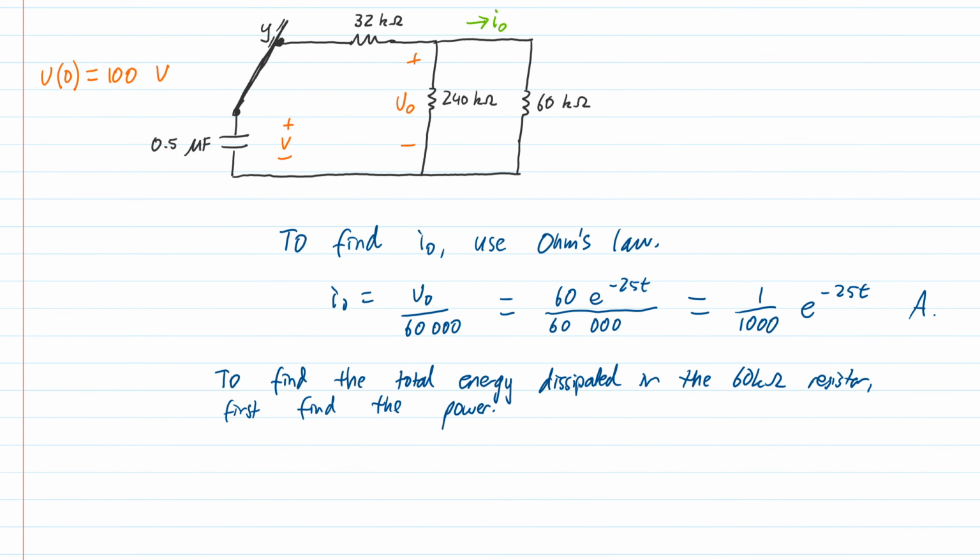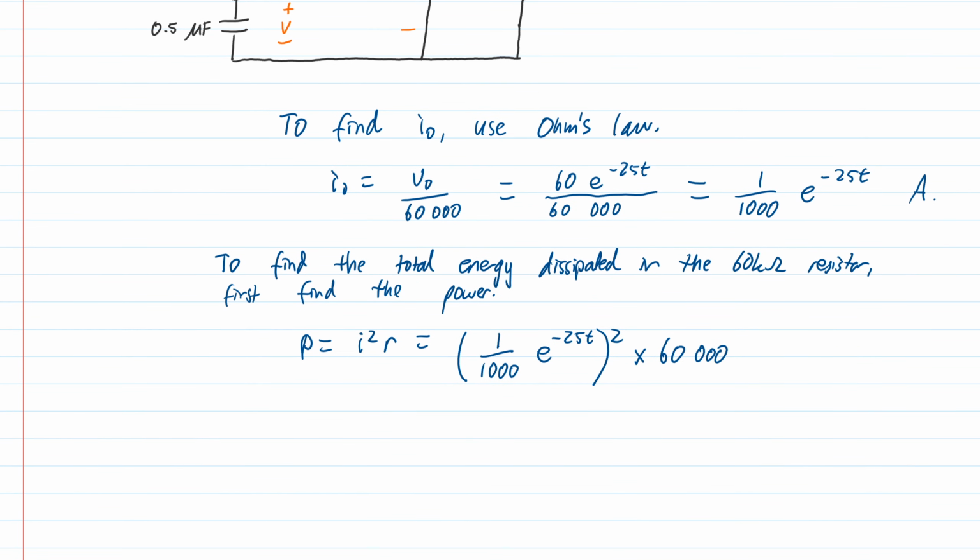There are a few ways we can do this, but basically if we know the current and we know the resistance, then power is I squared R. So I we just calculated is 1 over 1,000 e to the negative 25t, all of that squared, multiplied by the resistance, 60 kilo ohms, so 60,000.